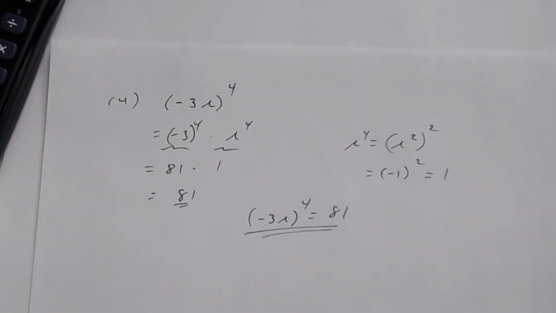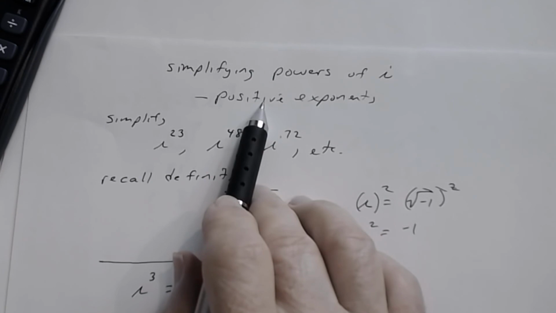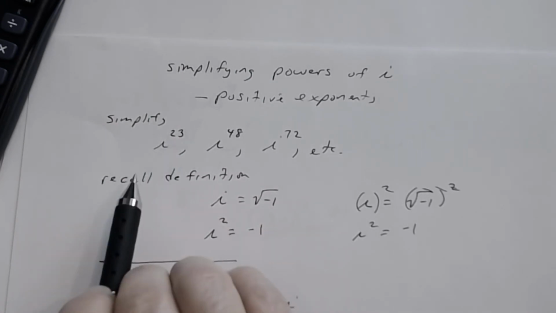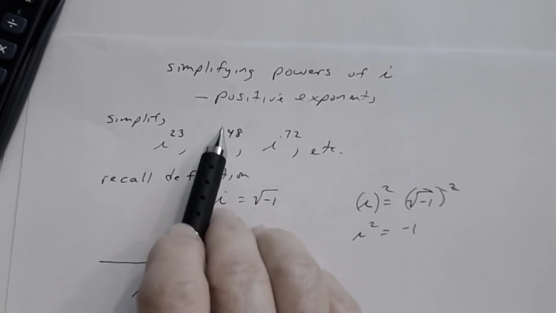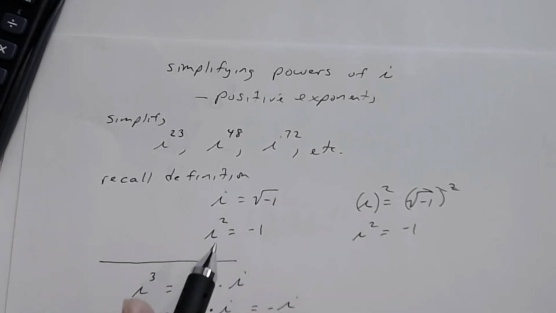Now remember, what we did here was we simplified powers of i in which the exponents were positive. So in the next lesson, we're going to look at, well, what if this is i to the negative 23rd power? What if this is i to the negative 48th power? What if this is i to the negative 72nd power?